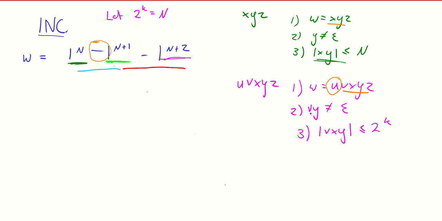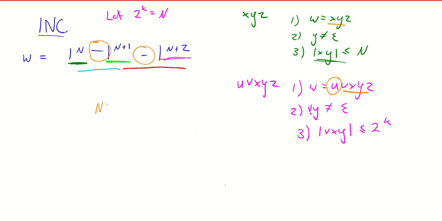Now notice that if we were to include our dash as part of either the V or the Y, because what we care about here is the V and the Y, because the V and the Y are what get pumped. So if we were to include this dash as part of our V or our Y, then we wouldn't be able to include this second dash as part of our V or our Y, because to include both of them would mean that our VXY would need to be a length of n plus 1 plus 2, because each of these dashes also take up 2 character slots.